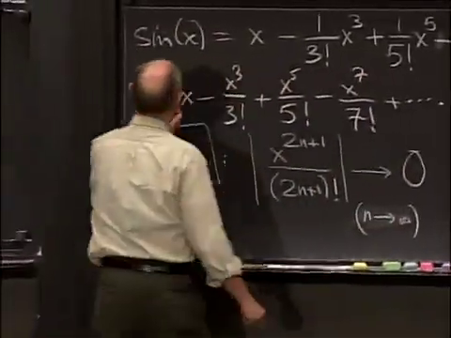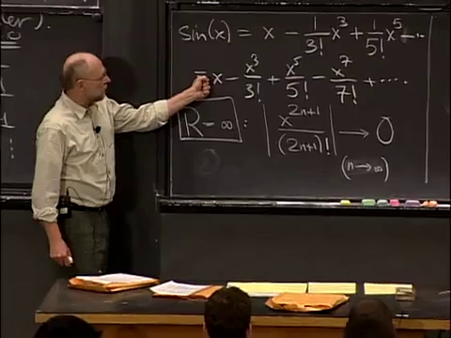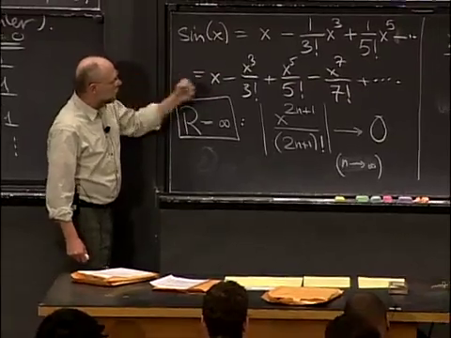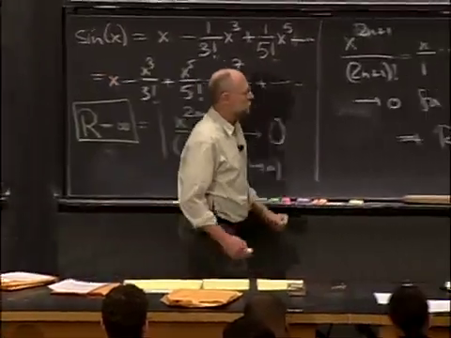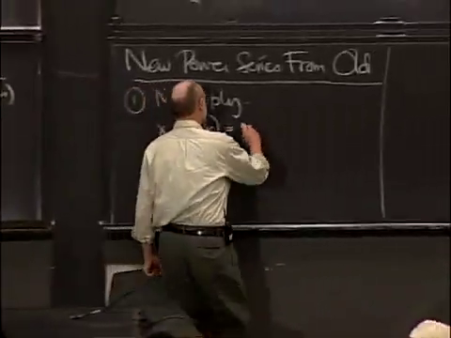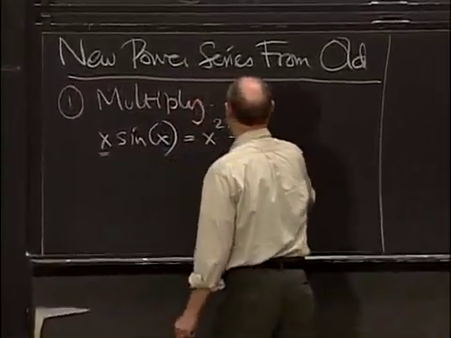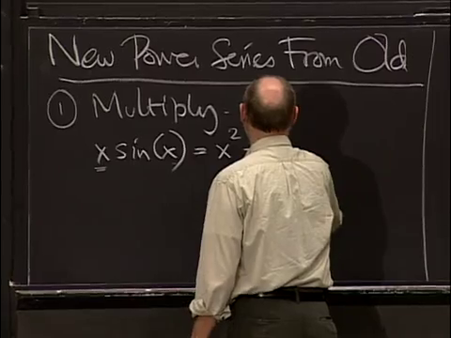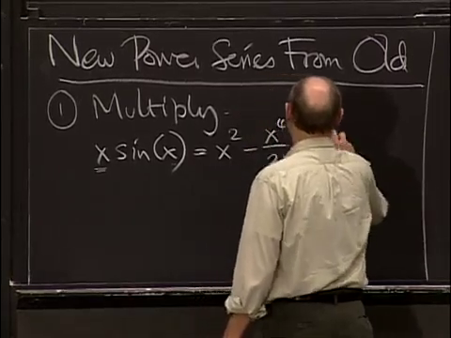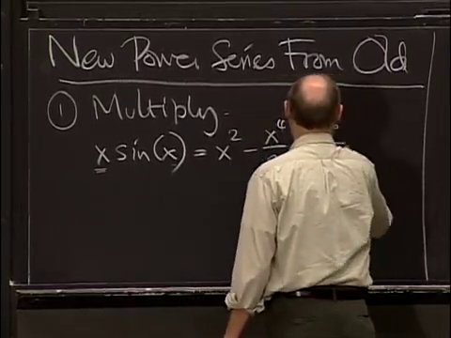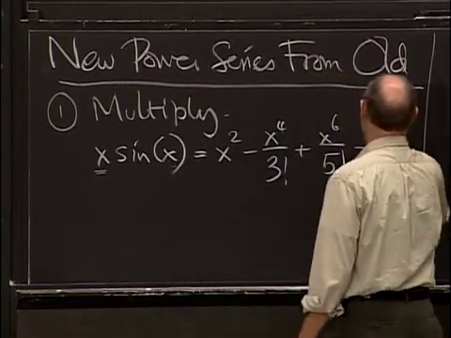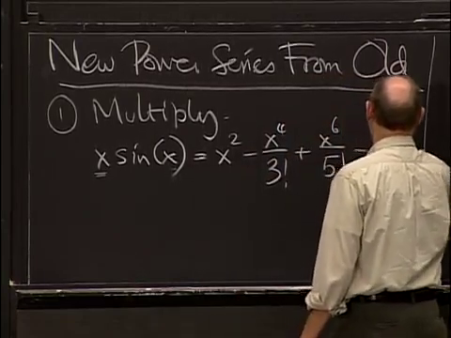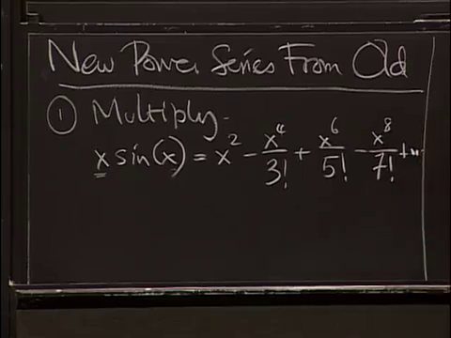So to compute the power series for x times the sine of x, I just take this one and multiply it by x. So let's see if I can do that right. It distributes through: x squared minus x to the 4th over 3 factorial plus x to the 6th over 5 factorial, and so on.